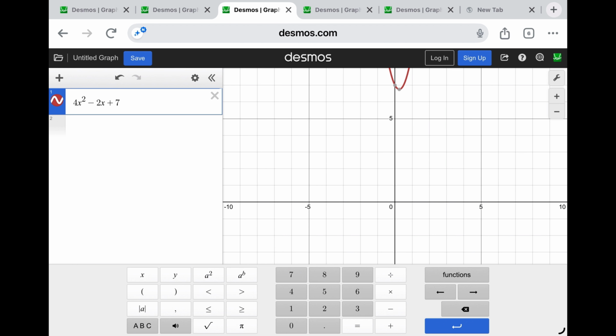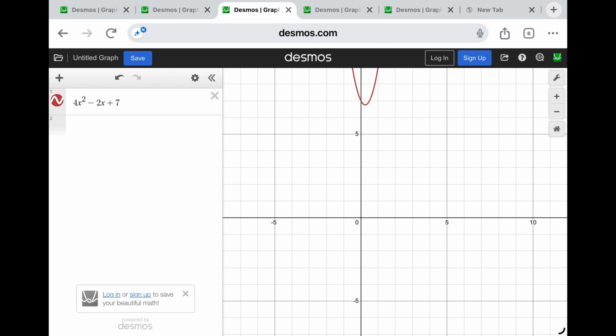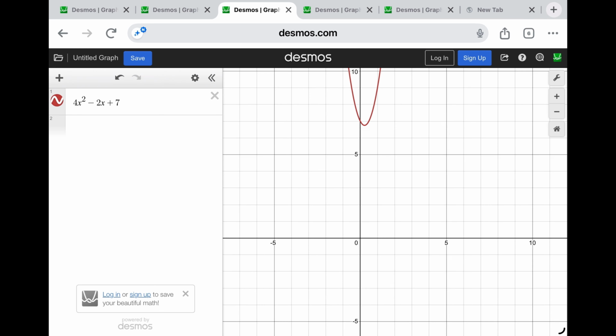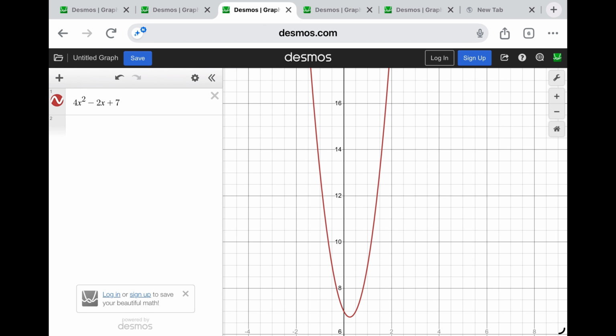What I want you to pay attention to is this: our x-axis is down here. I can't write on the screen, it's not moving. But if you notice, this graph only intersects the y-axis, not the x-axis. So this parabola has no real solutions.